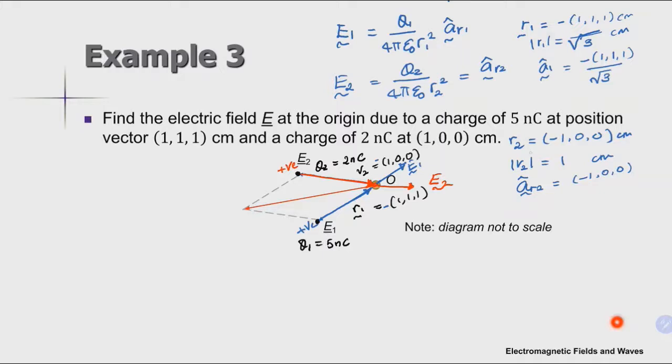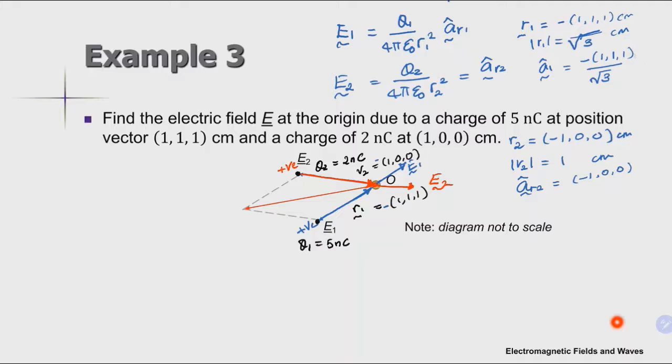And then R2, that will be minus 1, 0, 0 centimeter. Magnitude will be 1 centimeter. And then unit vector will be minus 1, 0, 0. Okay, unit vector doesn't have units, because you have centimeter divided by centimeter.